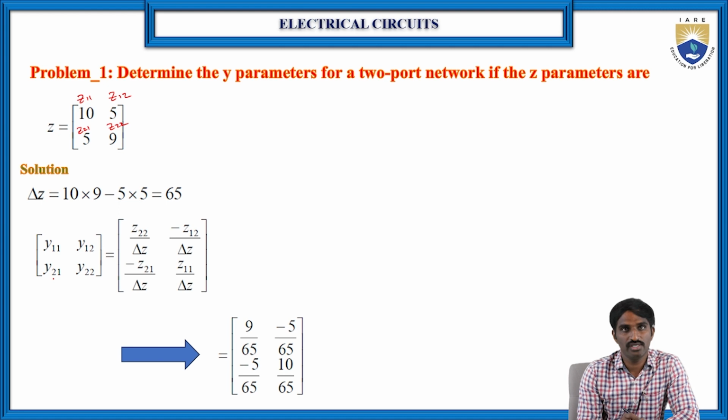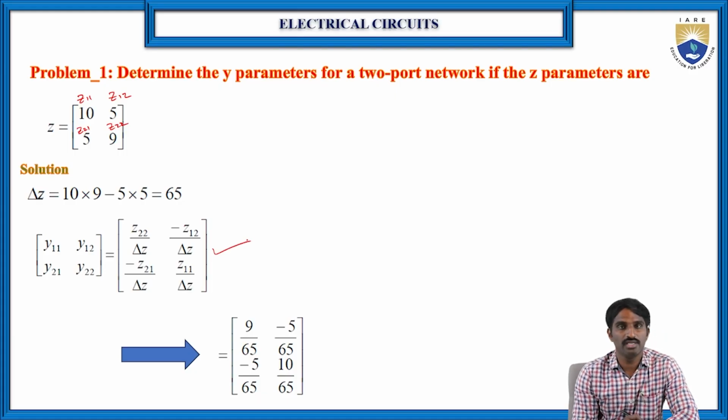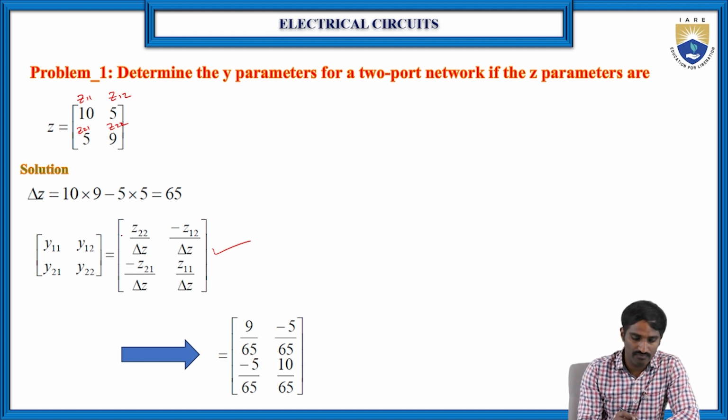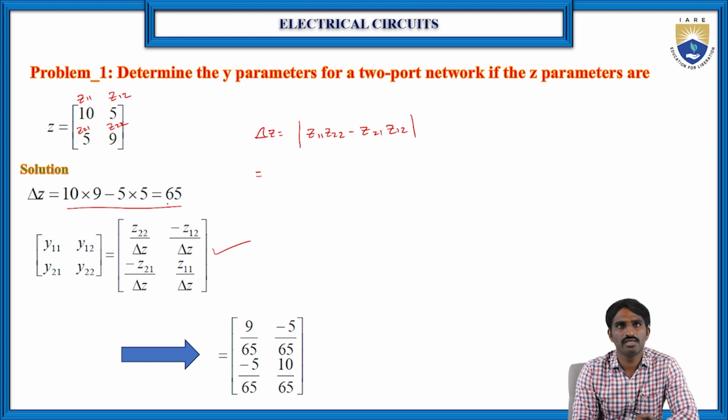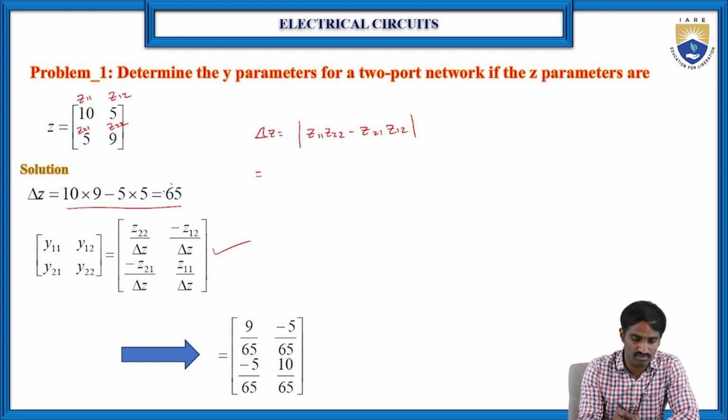Now we already know the relation between the Y and Z parameters. This matrix represents the relation between the Y and Z parameters, right? Now we know the values of Z11, Z12, Z21 and Z22, but here we need delta Z. Delta Z is equal to the determinant, Z11 into Z22 minus Z21 into Z12, which is nothing but 10 into 9 minus 5 into 5, which is equal to 65.